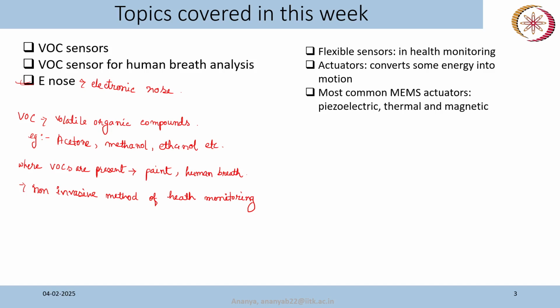So in e-nose there will be different types of sensors for different types of gas detection. The output of the sensors will be connected to some signal processing unit that will have a microcontroller, or it can be a big system that can do the signal processing of the different outputs of the sensors.